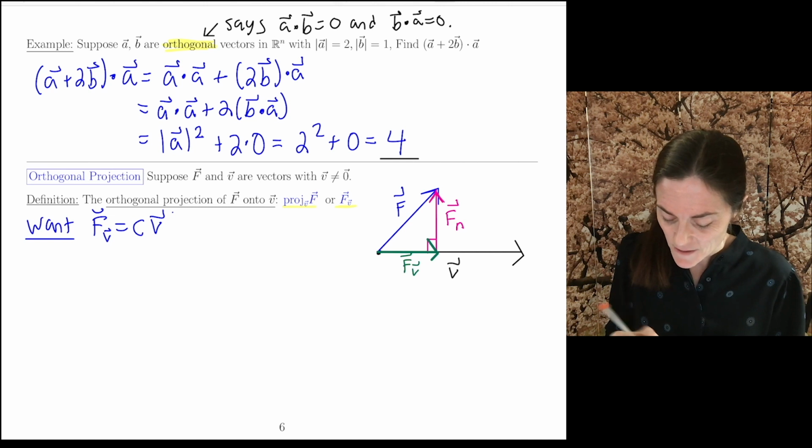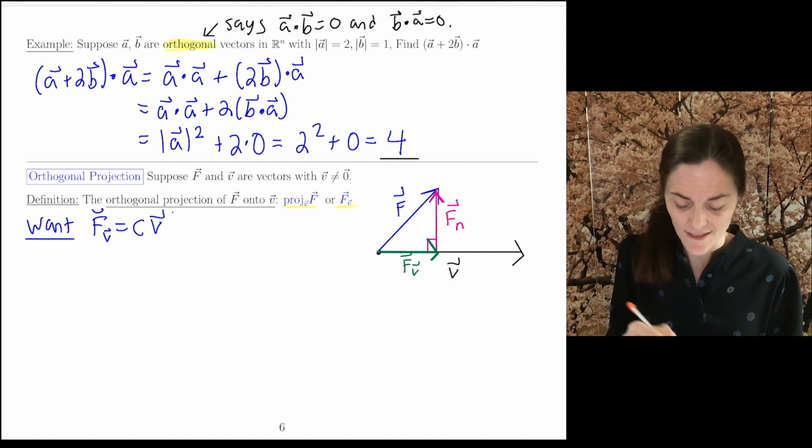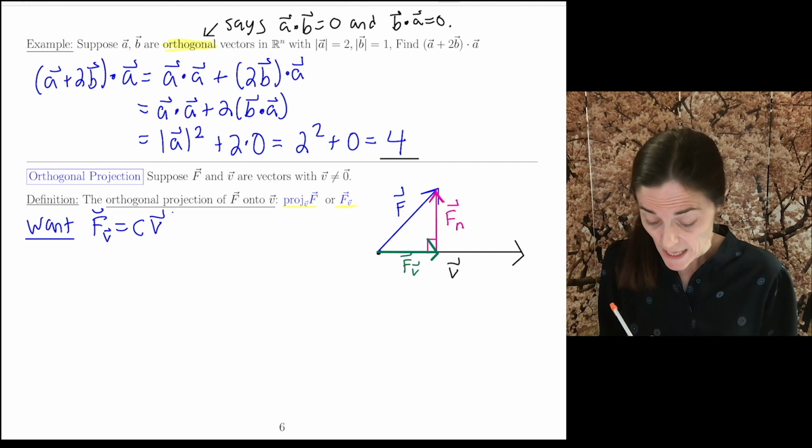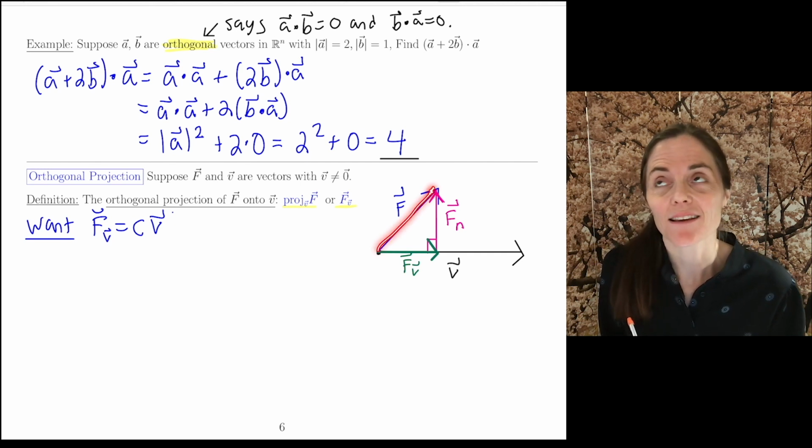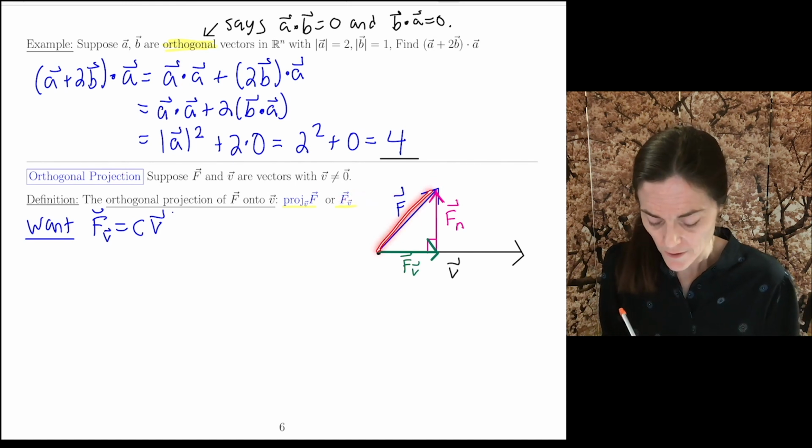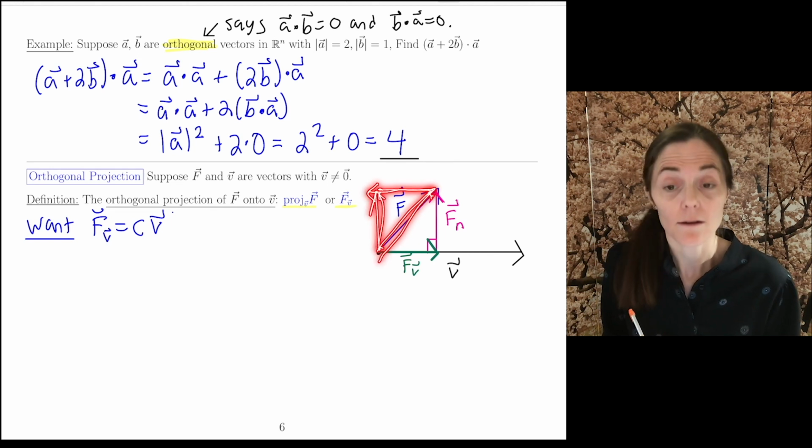Now, what is this vector? Well, if you take f, and here I'm going to think triangle rule, and then subtract, f minus f sub v, right? This is f minus f sub v. That is here, right?